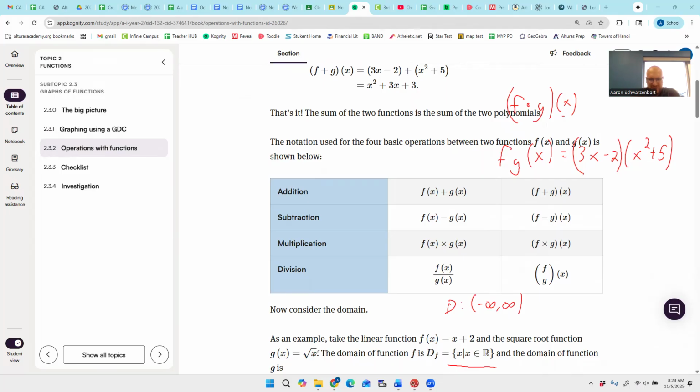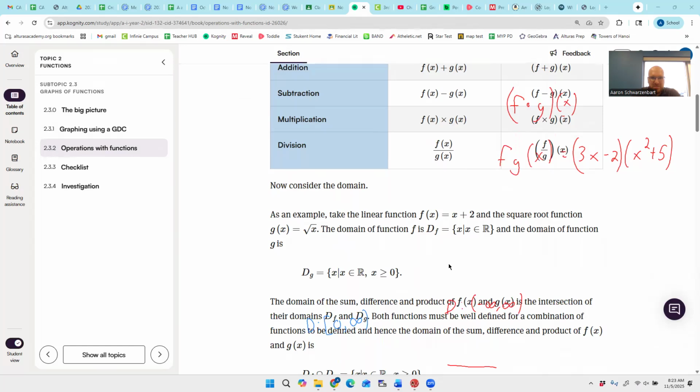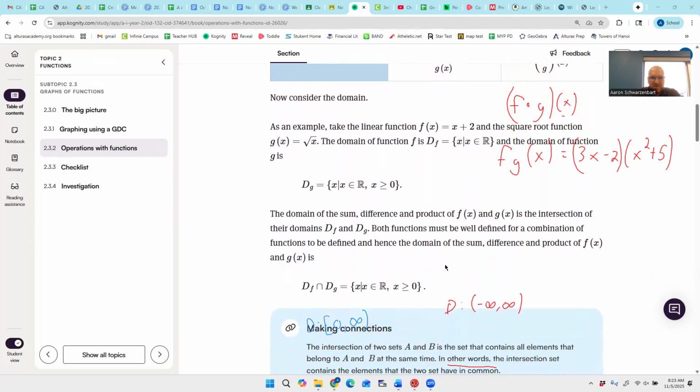So g has a domain in blue here, 0 to infinity. So the domain of any function involving the two is going to get the more restrictive domain, the intersection of the domains of f and g.